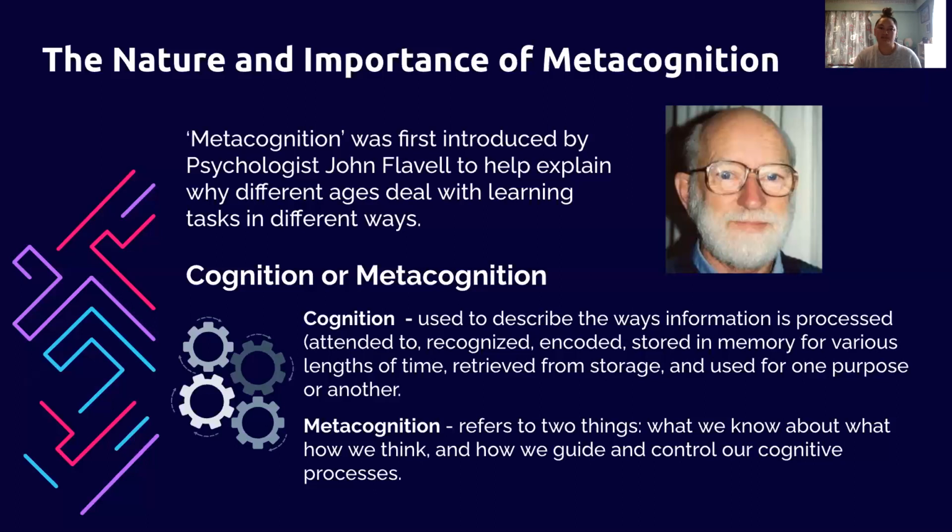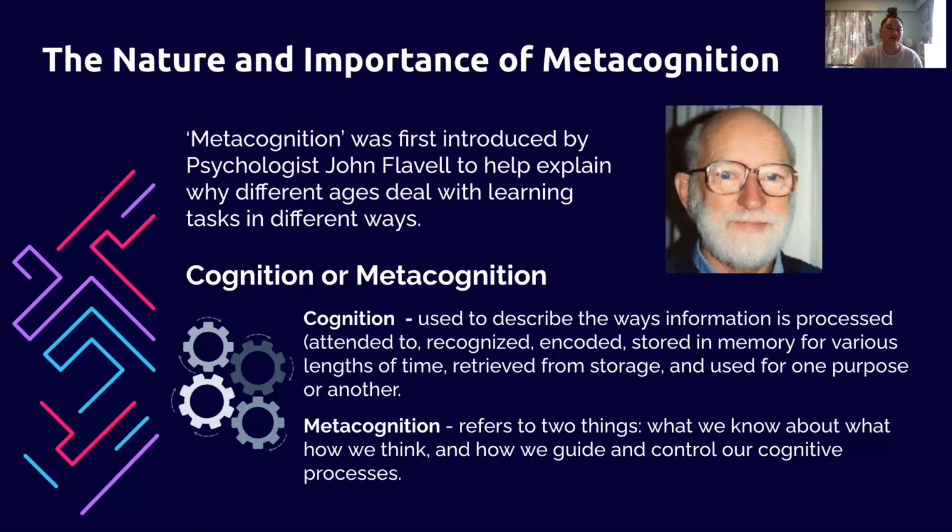And so that's basically why we've been giving these different tasks throughout the presentation as well, because although it's one task, each of us might be going at it from a different angle, all right? And so to help us better understand what metacognition really is, we can break it down.